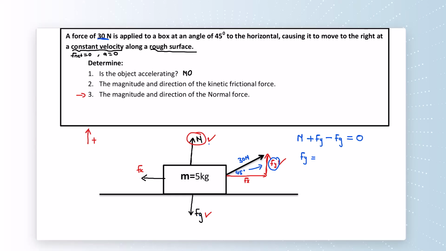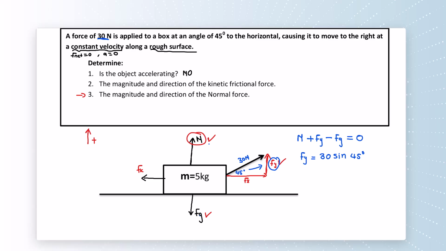The 30 is hypotenuse. Now, what trigonometric ratio combines opposite and hypotenuse? Beautiful, well done. It is sine. So because you're going to use sine, we are going to say 30 sine of the angle. That will give us Fy.